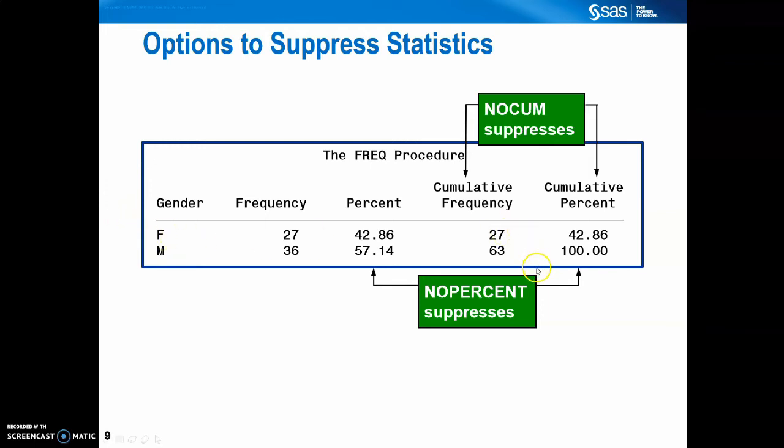If we want to suppress by using NOCUM, the information to be deleted from the table is the cumulative frequency and also the cumulative percent. For the NOPERCENT option, it will suppress the percent and cumulative percent.